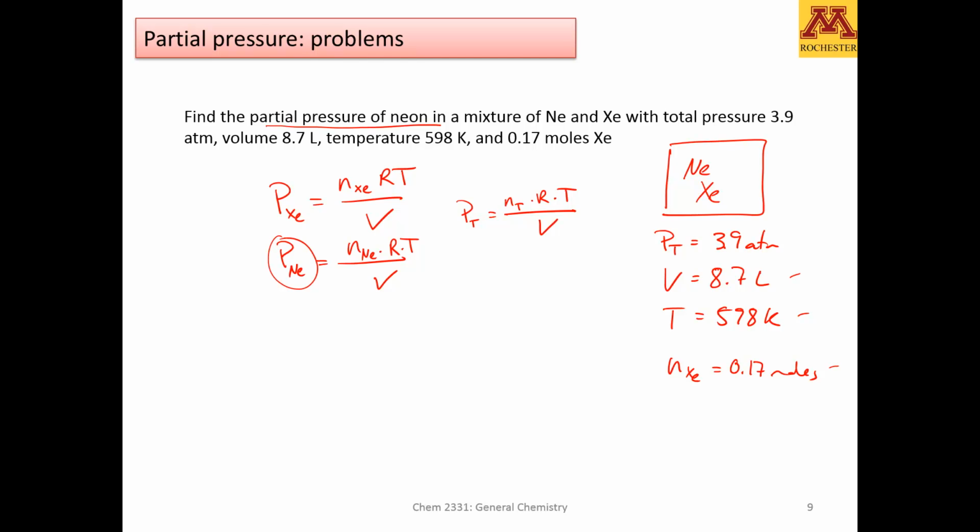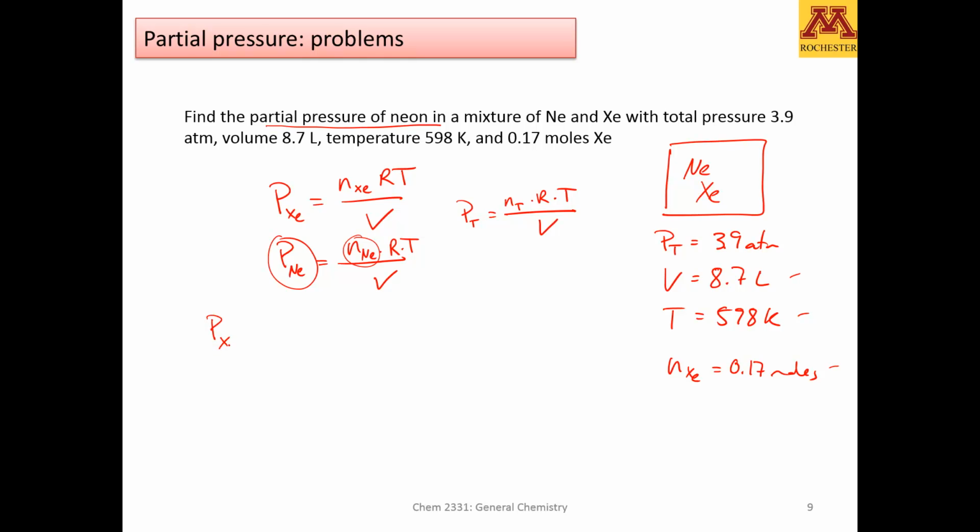What it's asking here is the partial pressure of neon. We want to know this, but careful, because we do not know the number of moles of neon. What we know is that we can calculate the partial pressure of xenon.